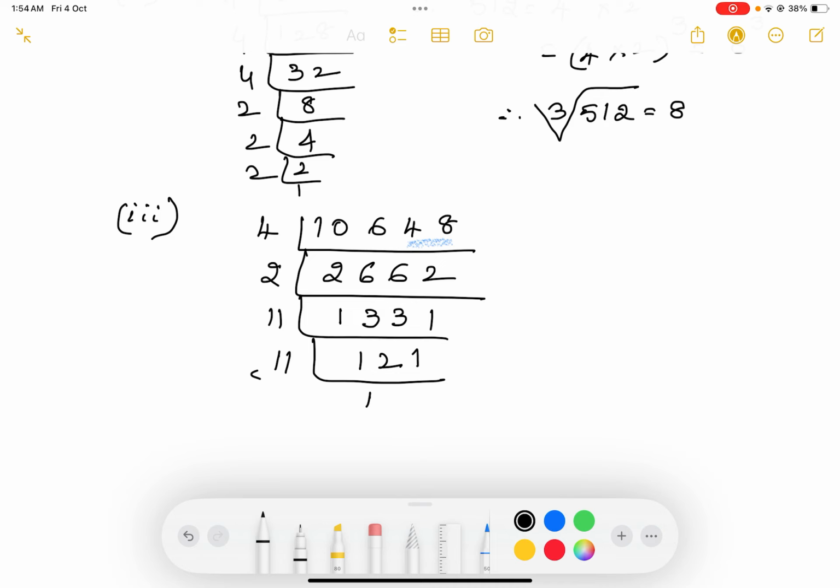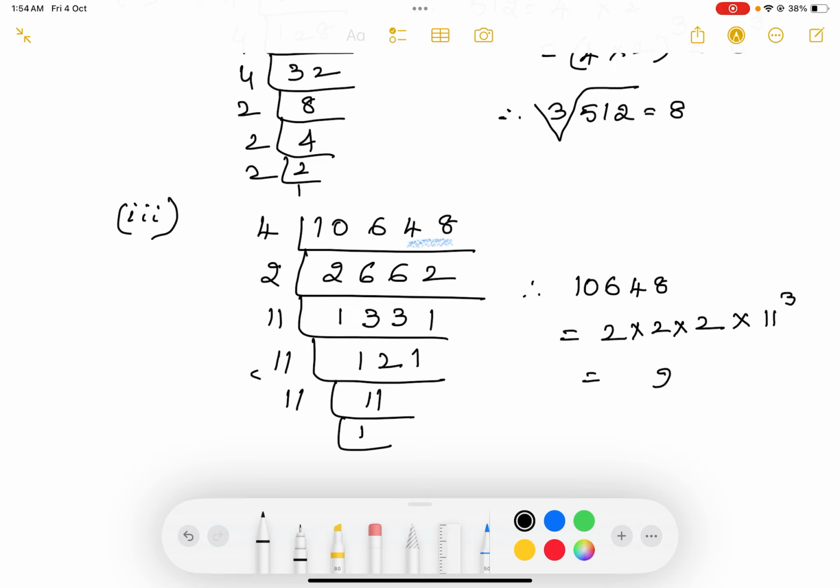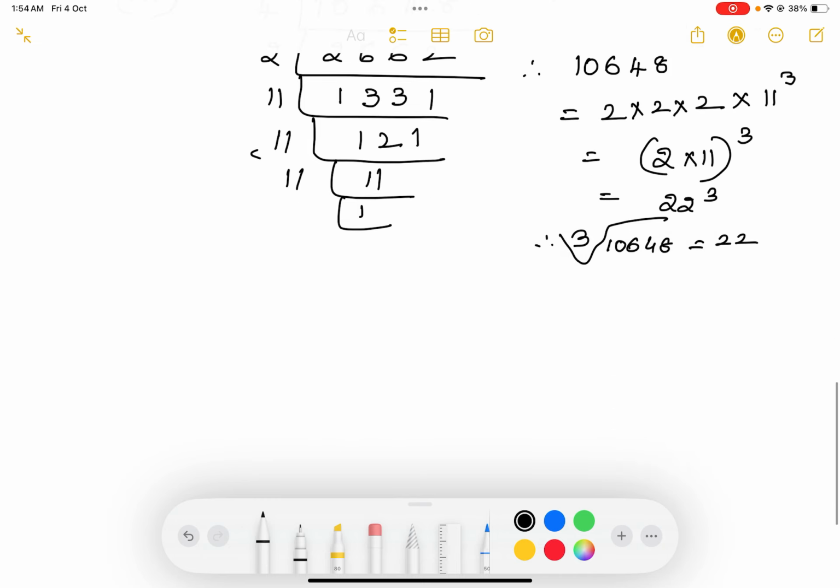Again you can write 11 times 11 is 121, again 11 times 1. Therefore 10648 can be written as 2 into 2 into 2 into 11 cubed. Therefore it is 2 into 11 the whole cube, so this is 22 cubed. So you can say that the cube root of 10648 is given by 22. I hope you could understand.